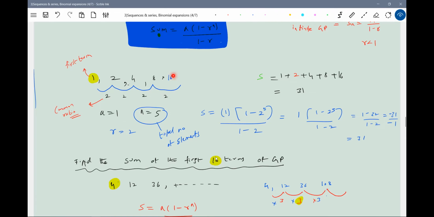If there are some 30 or 50 or 150, 200 or 1000 elements, this is not advisable. Formula is advisable. This is sum to n terms. 5 terms are there, so 2 to the power of 5 will come. Then first term is 1. Common ratio, 1 minus 2. Solving this, we'll get the required answer.